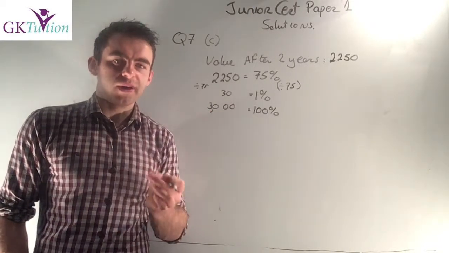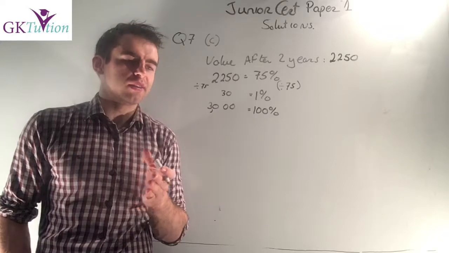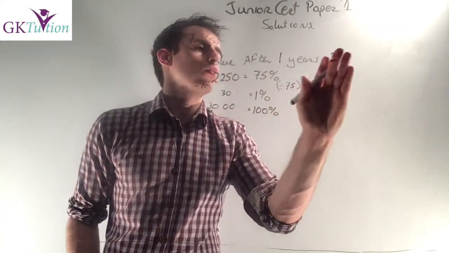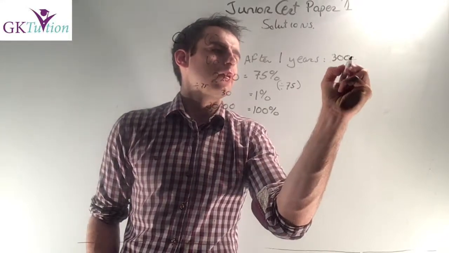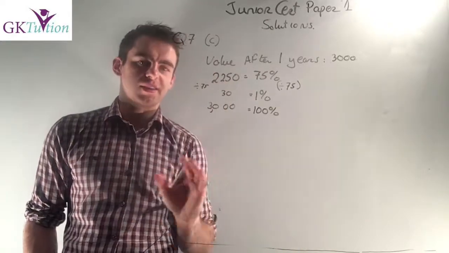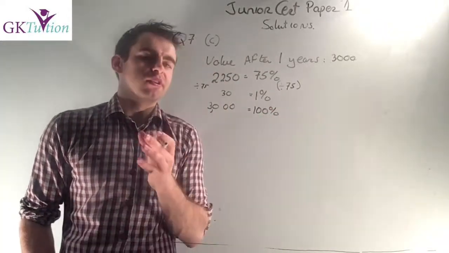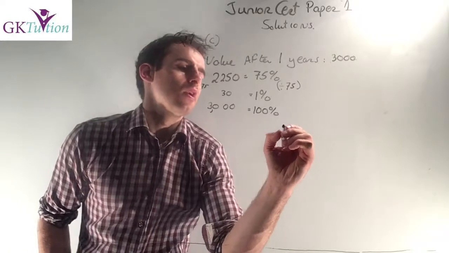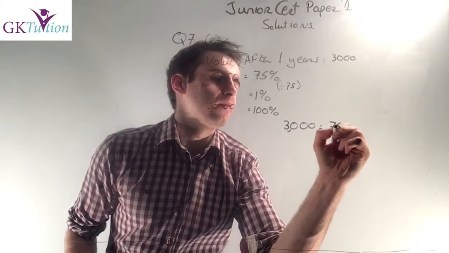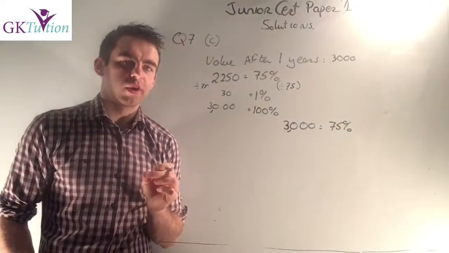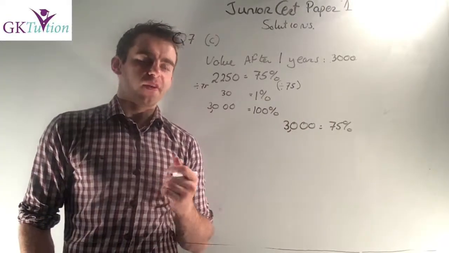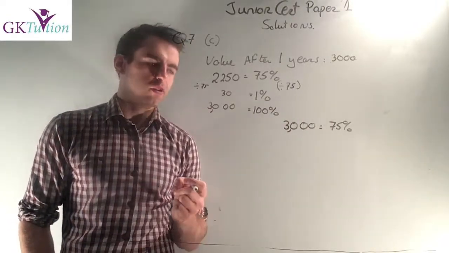So if I now want to find out how much it was worth the day I bought it, I need to consider that the value of the computer after 1 year was €3,000. I just need to do all of this again. I could say that €3,000 is equal to 75% of how much it was worth the day that I bought it. So if I know 75%, I can get 1% and then I can get 100%.